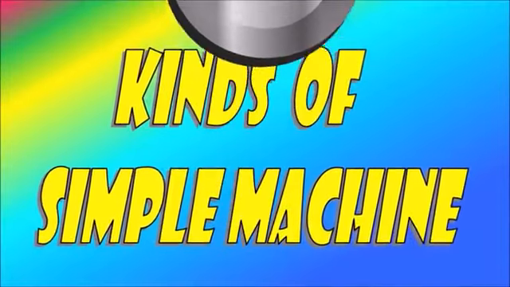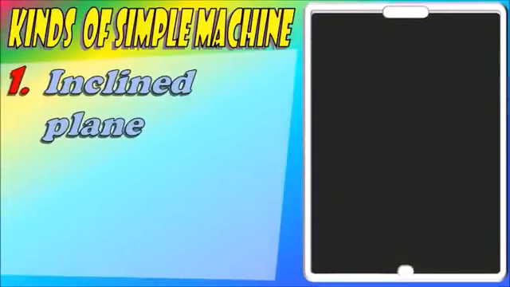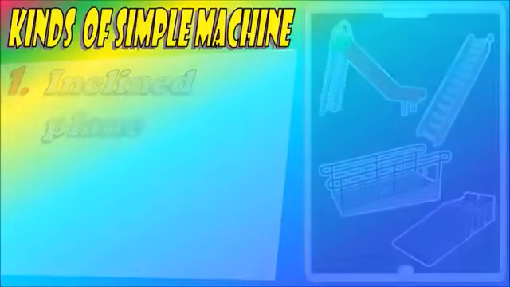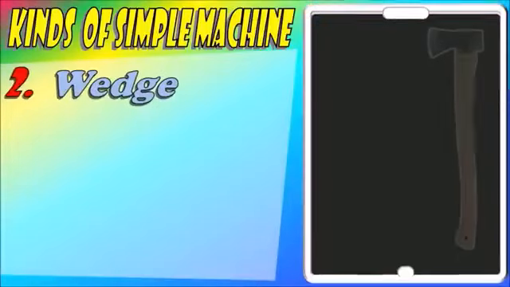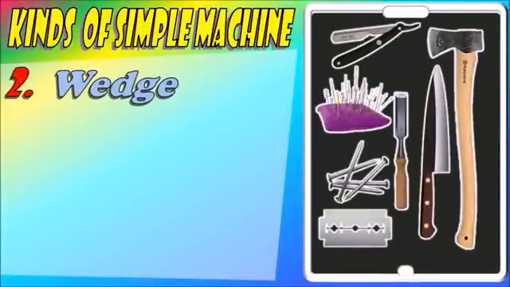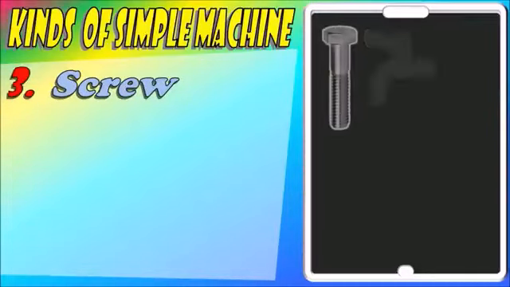These are the kinds of simple machines. Number 1. Inclined plane. Number 2. Wedge. Number 3. The screw.